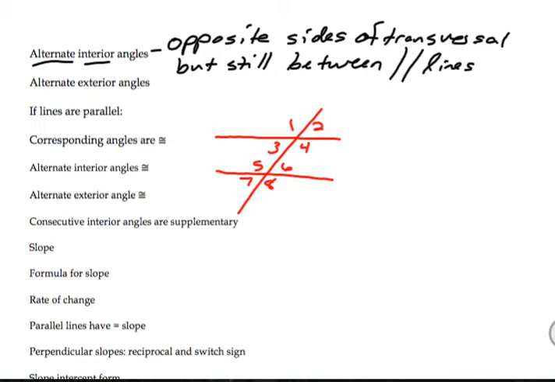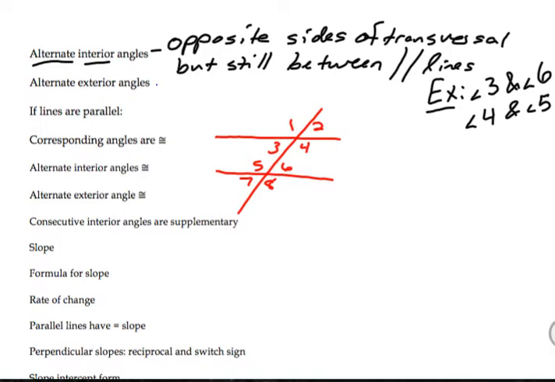Now, examples of that. Should be 2 of them. So alternate interior would be angle 3 and angle, well, 5's on the same side, so it can't be that. 3 and 4 together make a linear pair, so it's going to be angle 6. And then the other example would be 4 and angle 5. So those are the ones that are alternate interior.